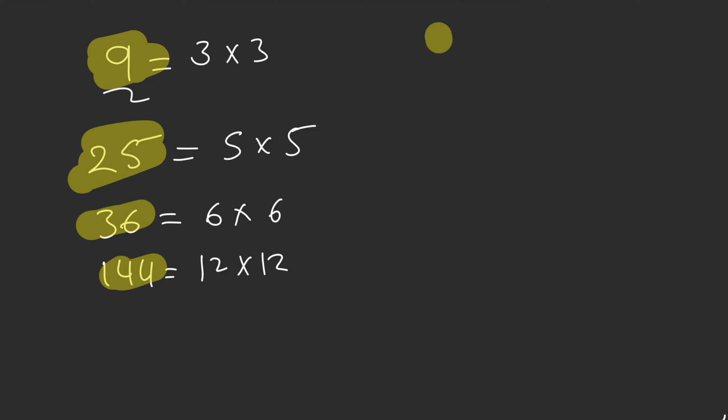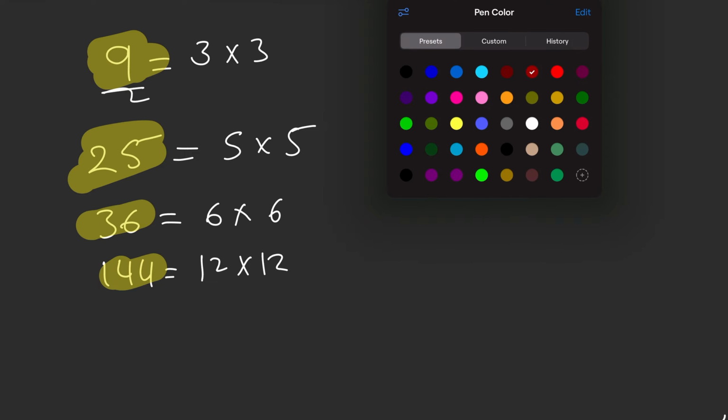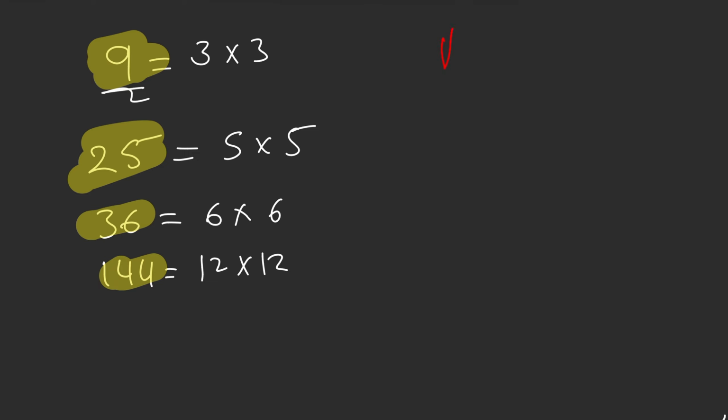So what happens if I square root the 9, for instance? When I square root the 9, the answer will be 3. When I square root the 25, the answer will be 5. When I square root the 36, the answer is gonna be 6. When I square root 144, the answer is gonna be 12.